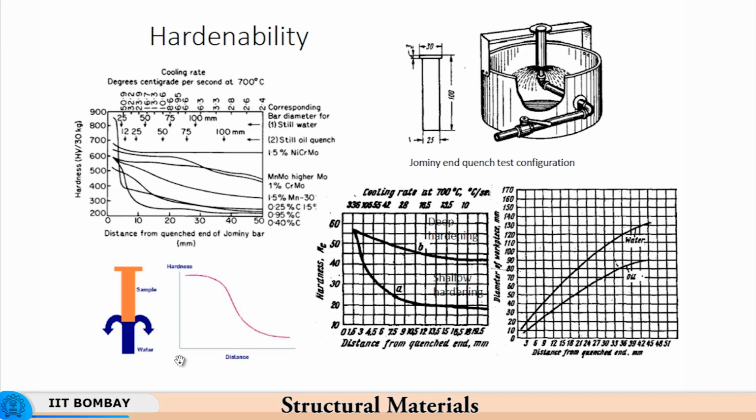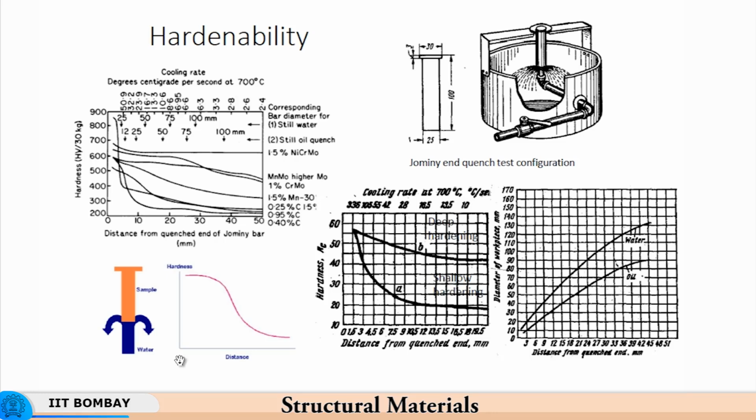Now, if you look at the consequences of the cooling rate, you have what is called deep hardening and shallow hardening. Shallow hardening results from a relatively lower percentage of carbon, where only surface hardening has taken place.